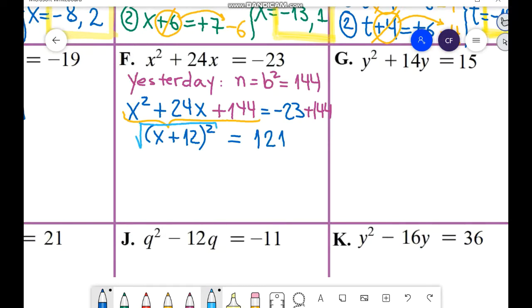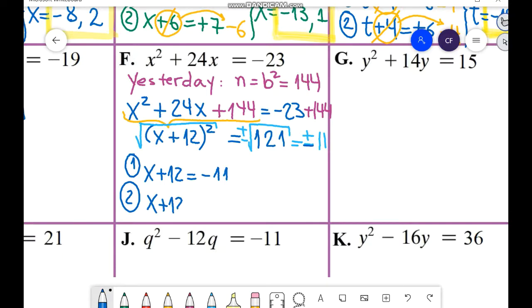Apply the square root property on both sides and you're going to find the square root of 121 is 11, right? Now we can write down the solutions. We're going to have two solutions. x plus 12 equals negative 11, or x plus 12 equals positive 11.